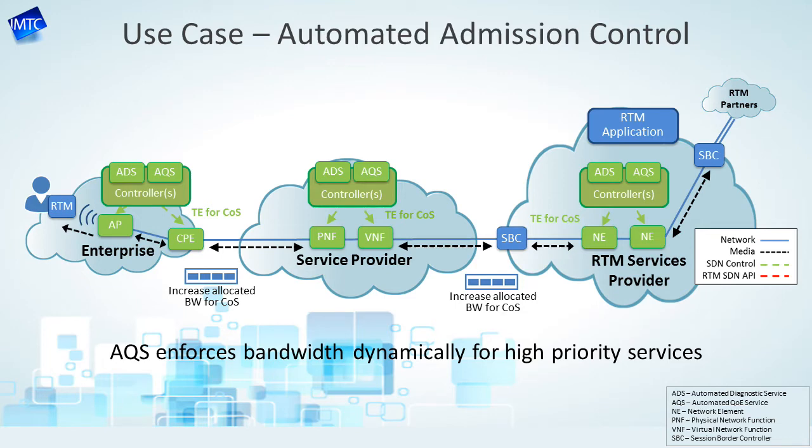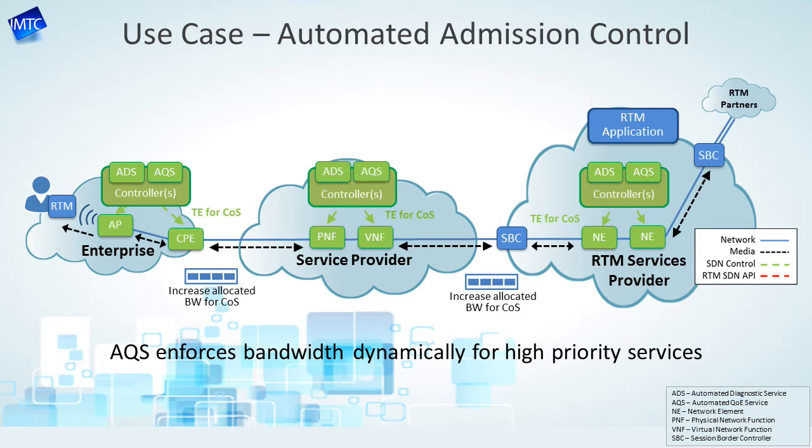We can either dynamically enforce bandwidth for high priority service by increasing the appropriate bandwidth dynamically, or if we exceed some threshold, new calls can be marked at best effort or even blocked. Those policies are up to the individual SDN controllers or administrative policies that network administrators might want to set.